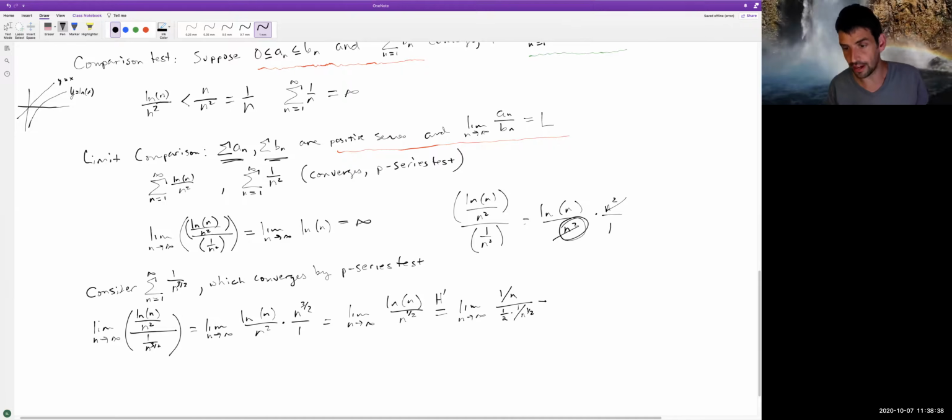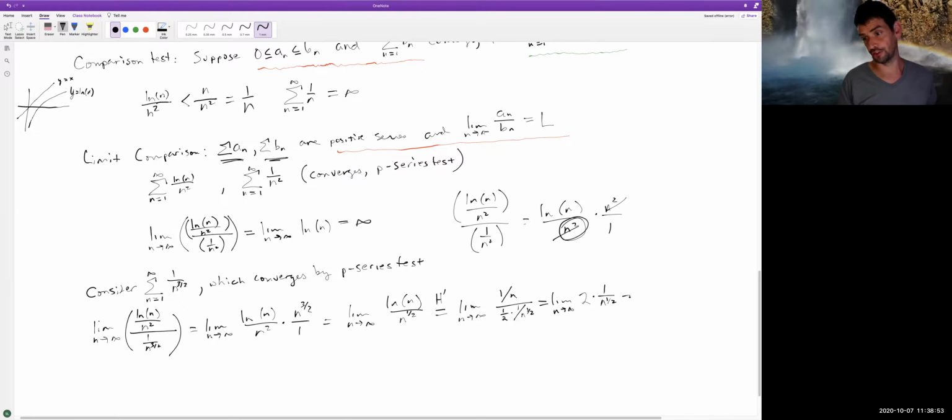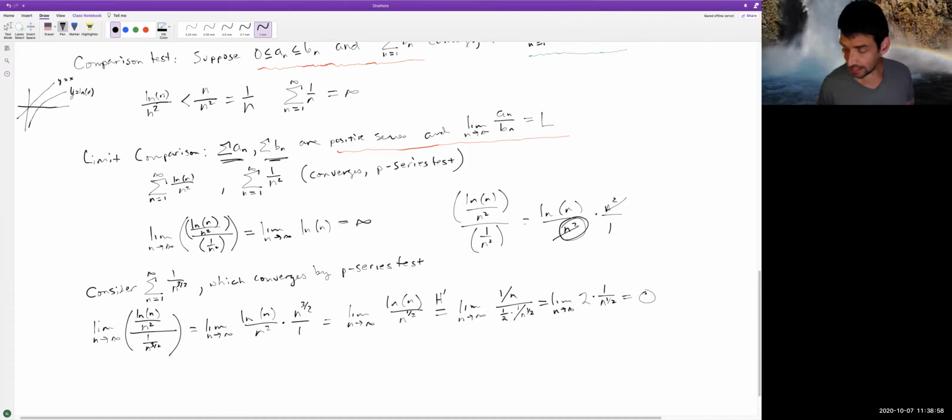If you work this out, we've got a 2, and it'll be 1 over n to the 1/2. In this limit, the denominator grows, so the fraction gets closer and closer to 0. This limit is 0.